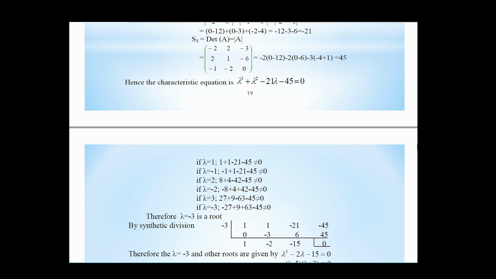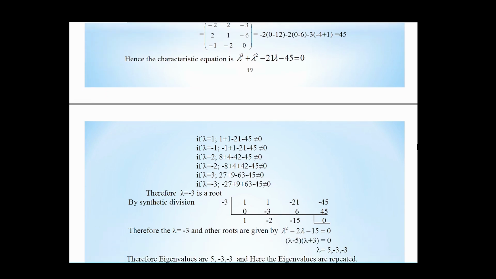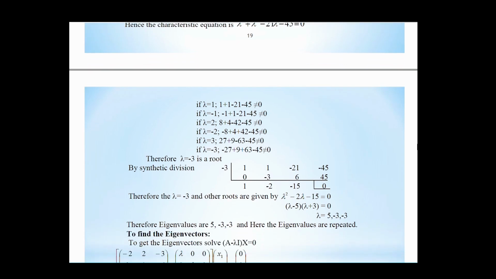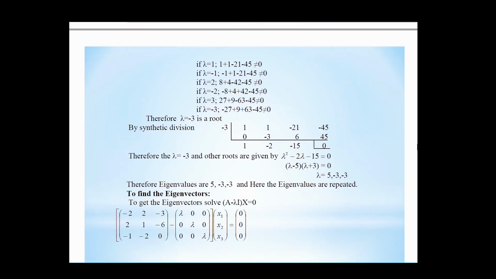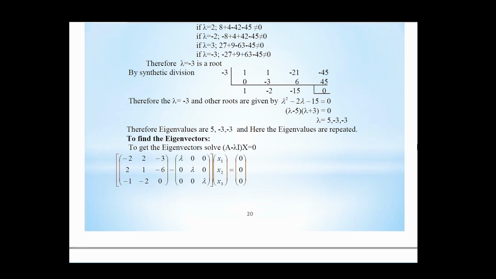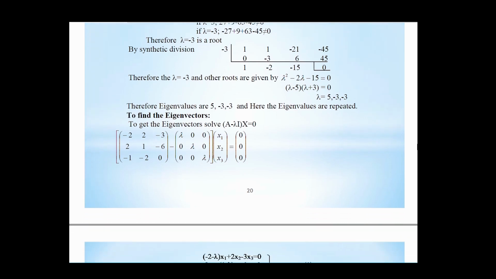The characteristic equation becomes lambda cubed plus lambda squared minus 21 lambda minus 45 equal to 0. We use synthetic division to find the first eigenvalue, which is minus 3. After that the equation reduces to lambda squared minus 2 lambda minus 15 equal to 0, and again we get the eigenvalues 5 and minus 3.